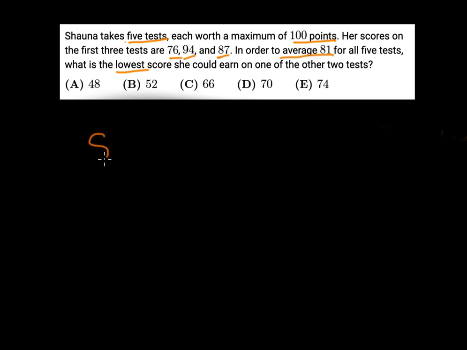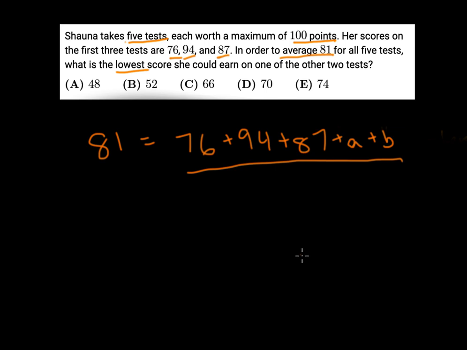So they're saying 81 has to equal 76 plus 94 plus 87 plus A plus B. So these are the other 2 tests, divided by the number of numbers. And we know the number of numbers because they're saying it can only be 5 tests.